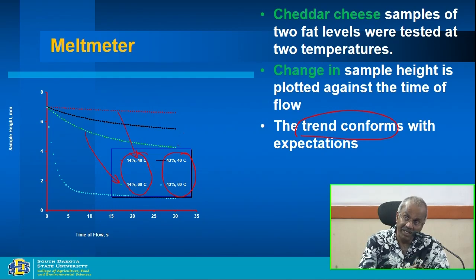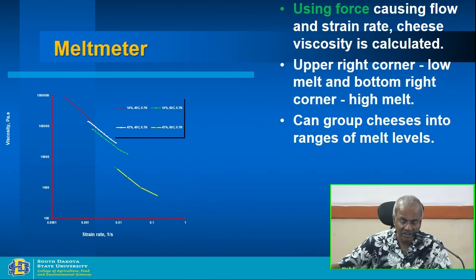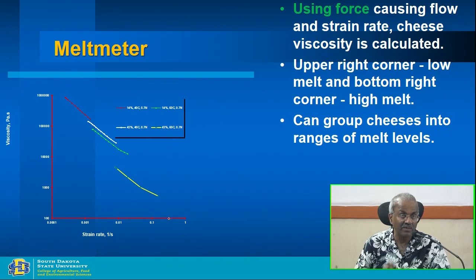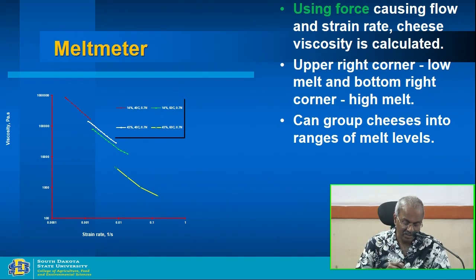We took this information and tried to develop some objective measurement. From the height, you can follow the strain rate and shear stress, and calculate the viscosity. That's what we did. With respect to time, from that information, we calculated the viscosity with respect to strain rate, because it's all about the flow. From the deformation and shear rate, we calculated the corresponding viscosity, and that's what you see here.